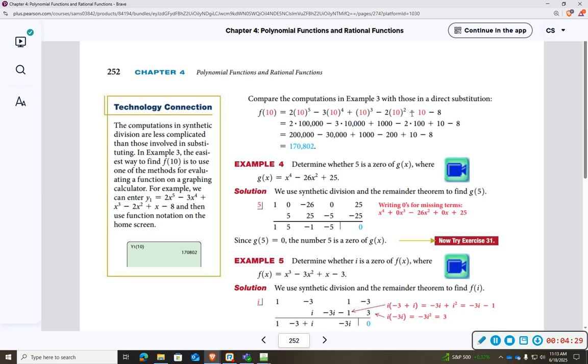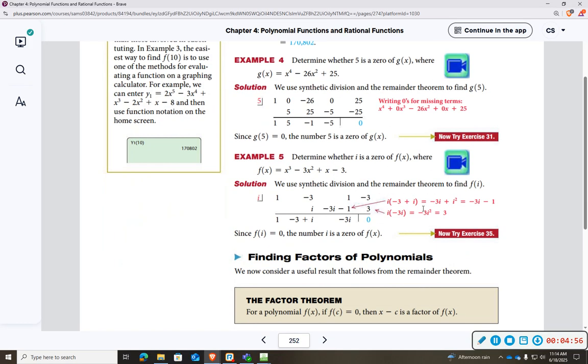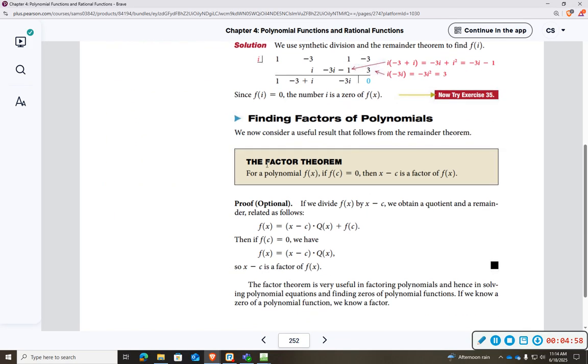We're missing the single x value, or this is 1, and then we have 0, the constant term. In this problem, we have an x to the 4th, so we should have 4, 3, 2, 1, 0. We're missing some terms, so you would have to put zeros as placeholders where those terms would be. They're spelling that out for you right here: writing zeros for missing terms. That is a big part of long division and synthetic division, to make sure everything lines up correctly.